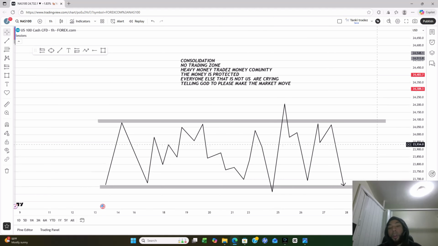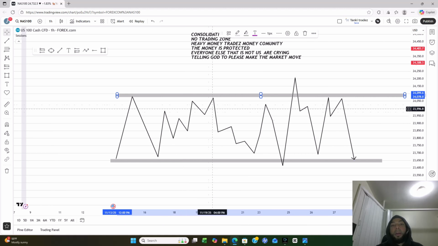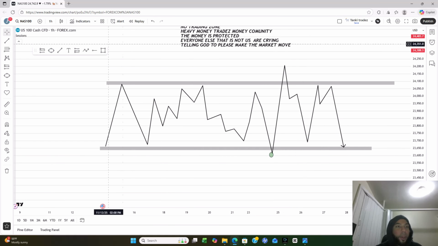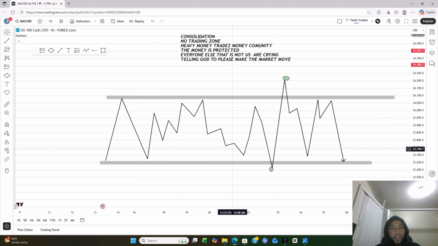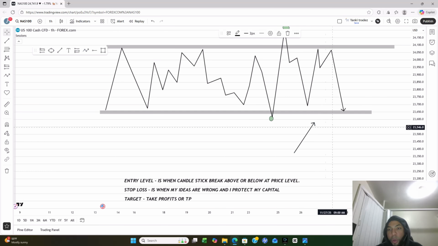When you see that there's a low here, there's a low here, there's a swing low here, and there's a swing high, over here, who's in control? What is the trend? We make money when the price is going up or down, right? Or down.